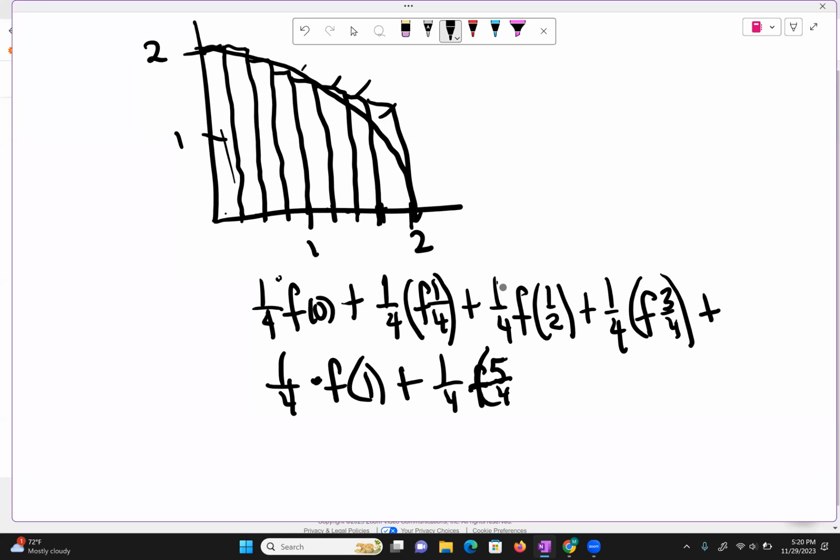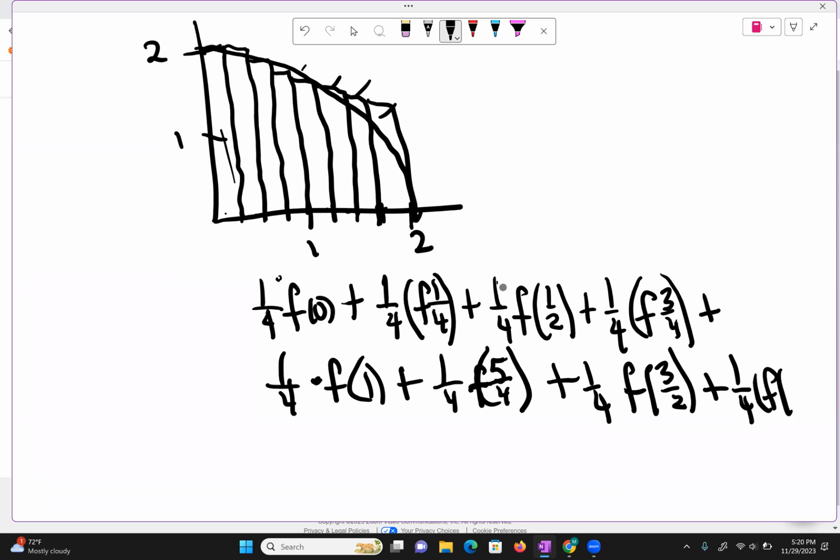There's an f here. Okay, plus 1/4 of f of 3/2, and lastly plus 1/4 of f of 7/4.